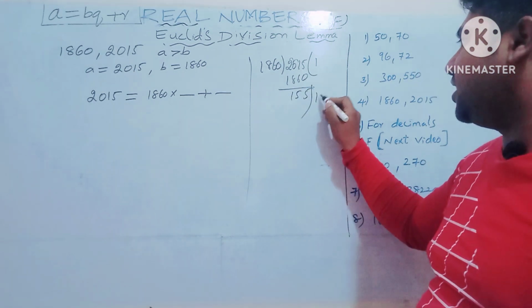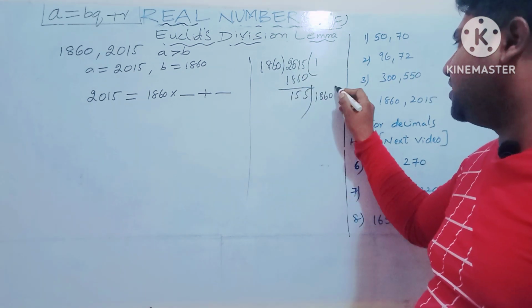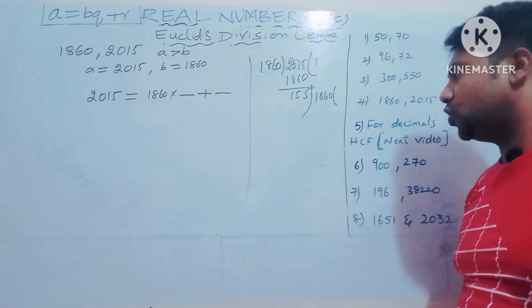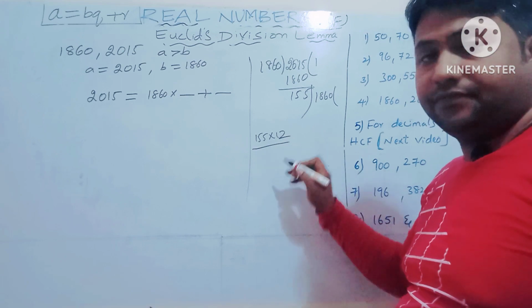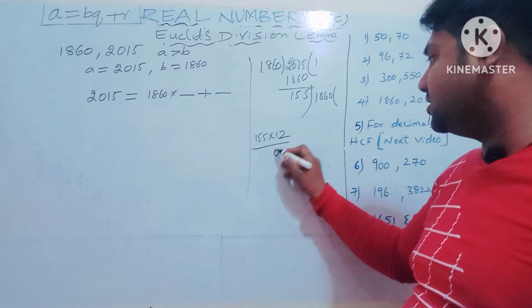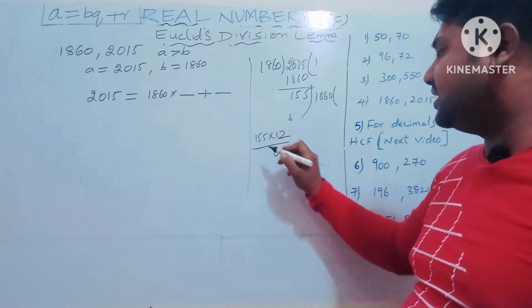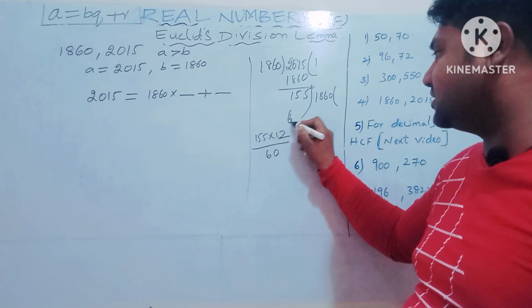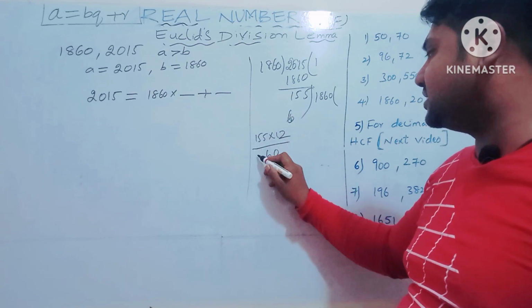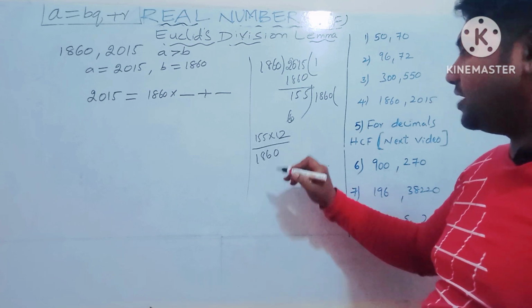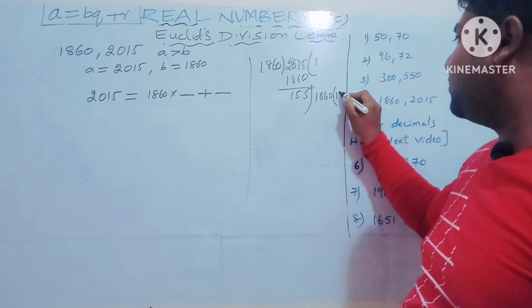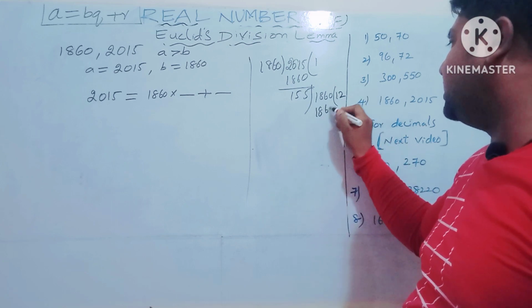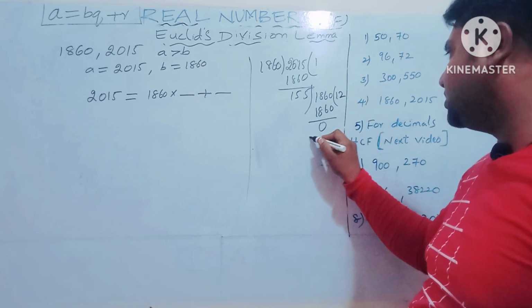Right? Then again we take here 1860. How many times does it go? 155 into 12. So 12 5s are 60, 0 carry 6, 12 5s are 60, 6 plus 6, 66 carry 6, then 12 1s are 12 plus 6, 1860. So if I write 155 into 12, I am getting 1860. Then the answer is how much? 0.